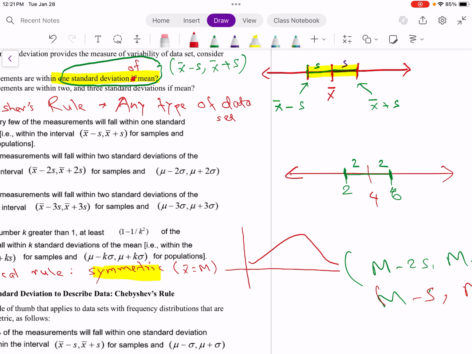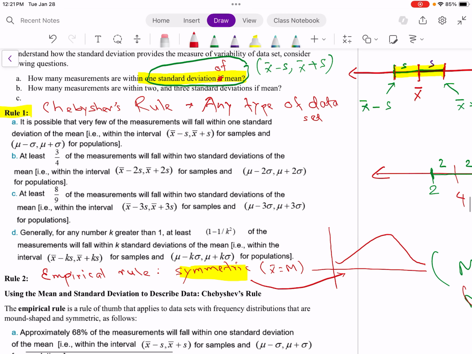So if you have a histogram that looks like a bell shape or a mound shape, it is symmetric. We will be dealing with this bell-shaped or symmetric data set a lot. Now let's go to the rule here.